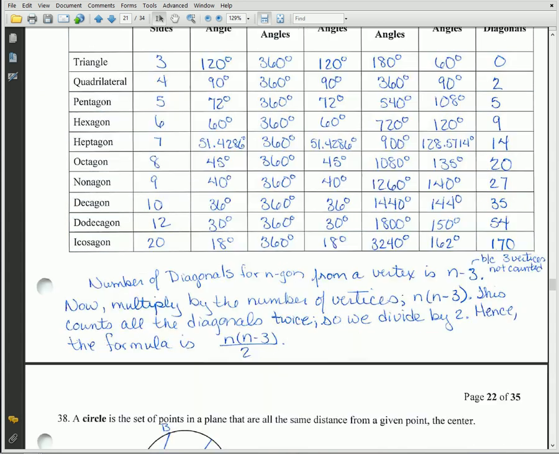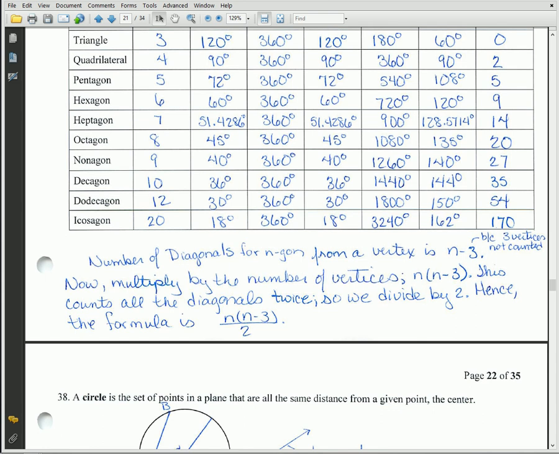Okay? The number of diagonals of an n-gon from a vertex is n minus 3 because there are 3 vertices that aren't counted. So if I want to find the number of diagonals, I'm going to multiply that by n, and then I'm going to divide it by 2 because if I multiply by n, then I've counted each diagonal twice.